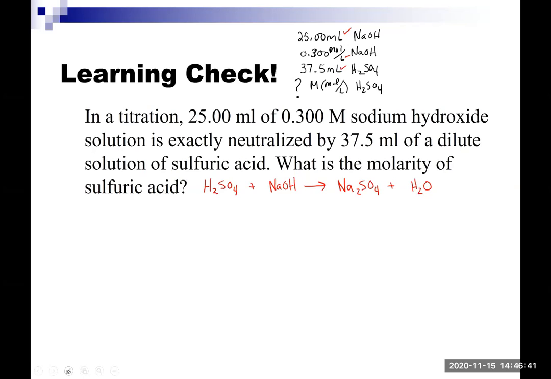But because this is a diprotic acid, we know right away that this reaction equation is not balanced. So we have two hydrogens going to have to react with two hydroxides to form two waters. And now our equation is totally balanced. So we can start working out this problem.